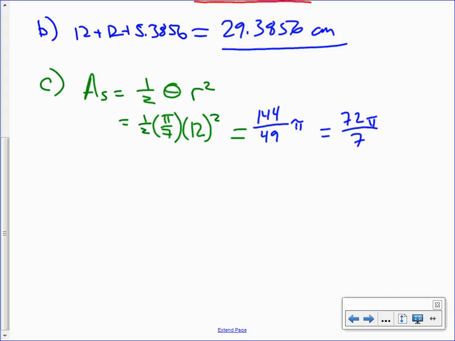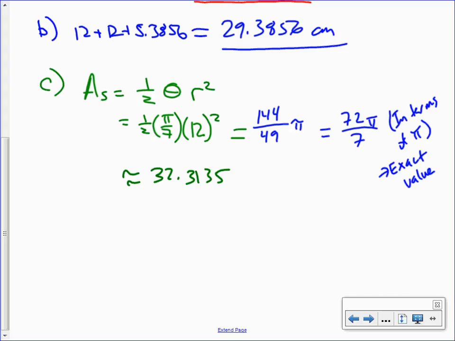This answer is in terms of pi, so it's the exact value. And if you were to give me the estimate, that would be 32.3135 centimeters squared. We're doing area, so centimeters squared for the units.